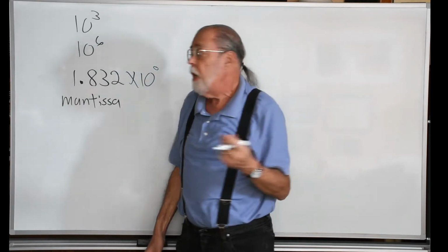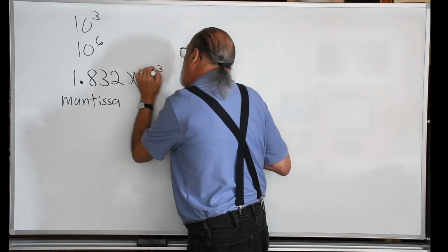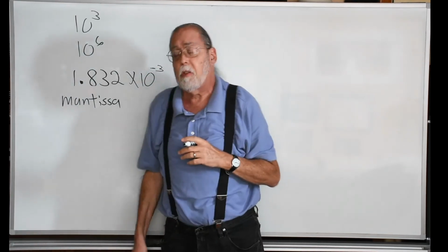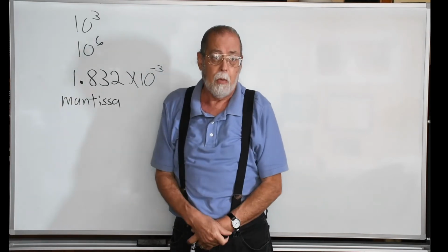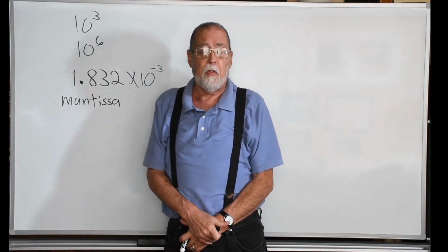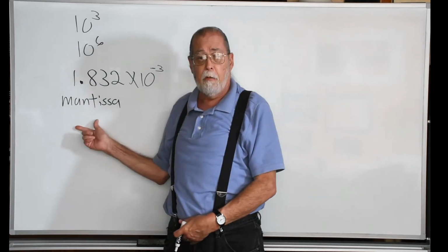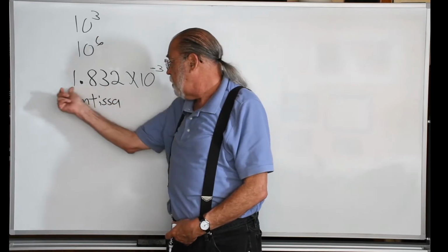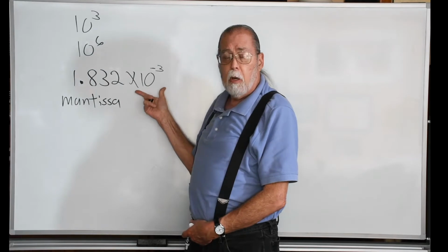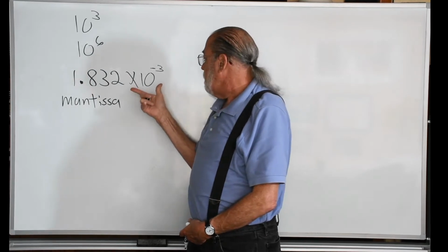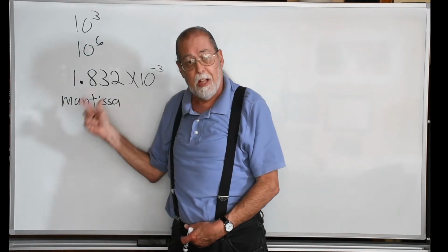It's real easy. If the exponent is negative, regardless of what size it is, then the final number is less than 1. So one of the things about scientific notation it's important to get straight is that when you put it into standard form, which is a number between 1 and 10, multiplying a power of 10, then if the exponent is negative, the actual number is less than 1.